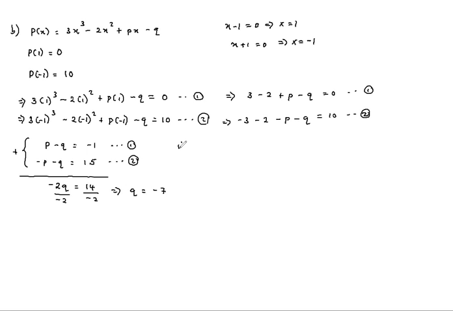Then you go into 1 and substitute q for negative 7. It must be equal to negative 1. So you get p is equal to negative 1 minus 7, and this is equal to negative 8. Therefore, your p is negative 8 and your q is negative 7.